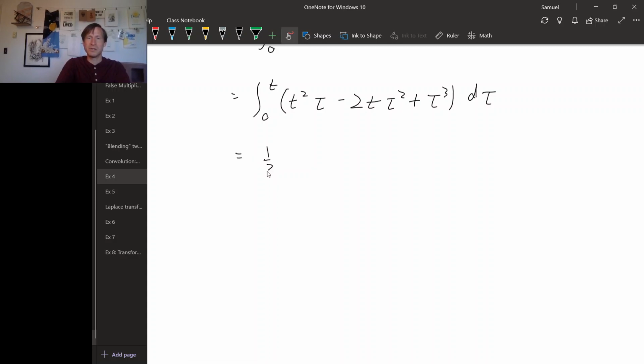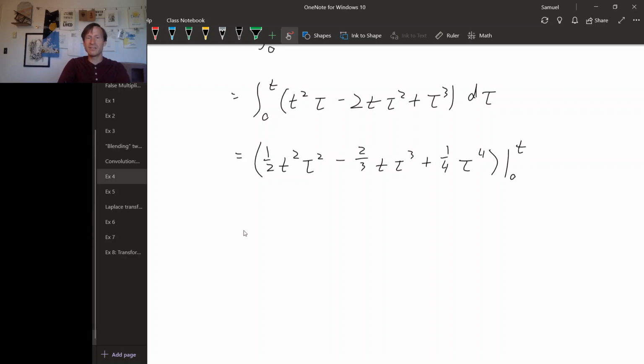So this is going to be 1/2 t squared tau squared minus 2/3 t tau cubed plus 1/4 tau to the 4th. And then for this whole mess, we have to go from 0 to t.